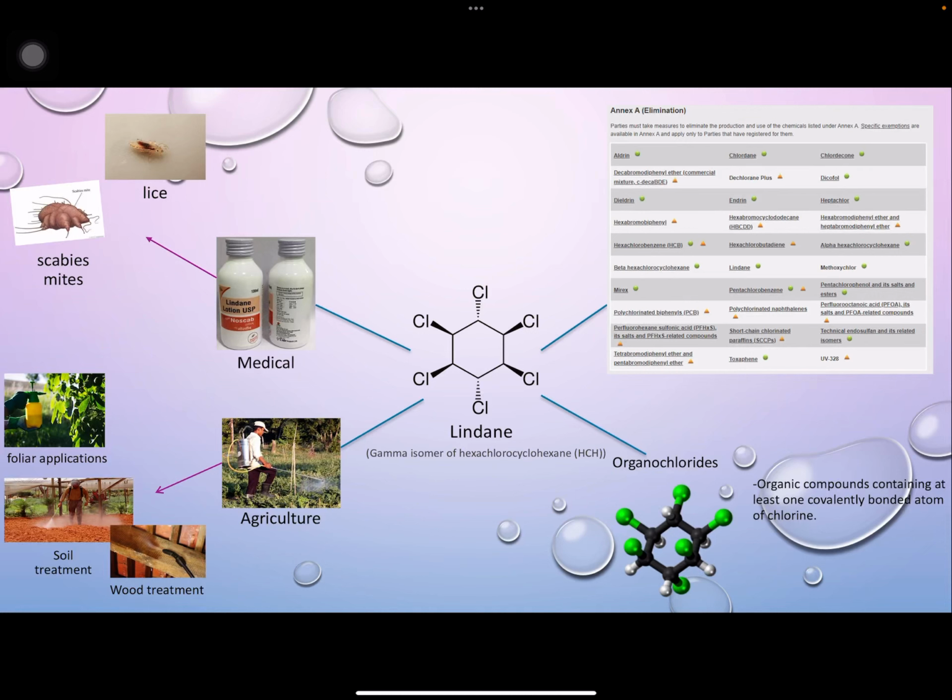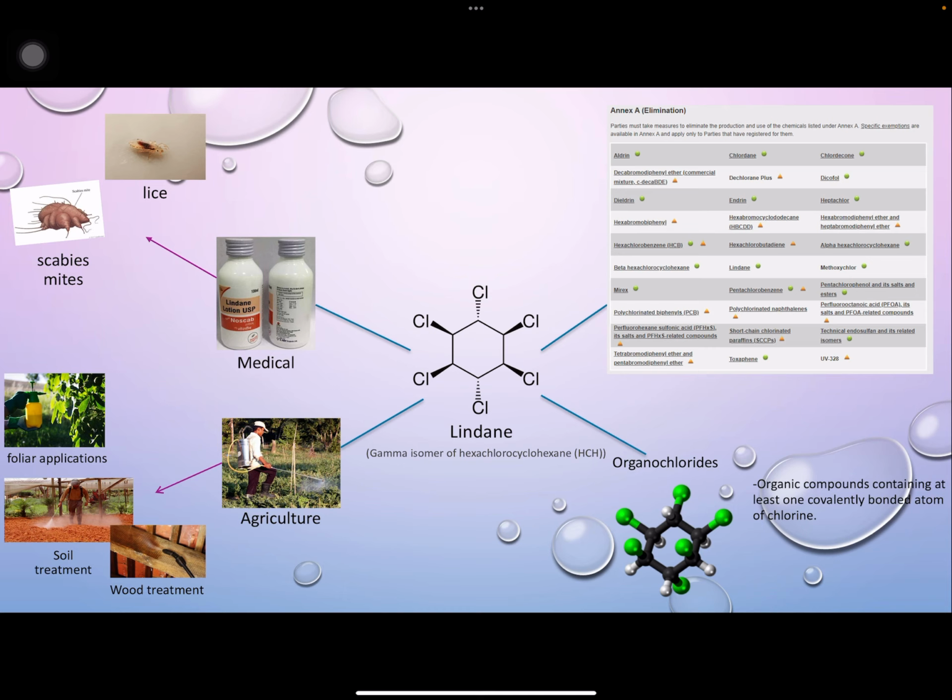So today we're going to discuss one of the POPs, or persistent organic pollutants, which is Lindane, also known as HCH. Lindane is an organochloride chemical that consists of at least one covalently bonded atom of chlorine.